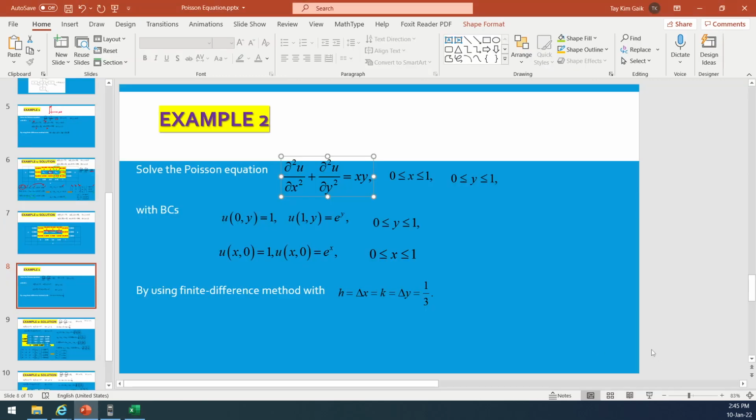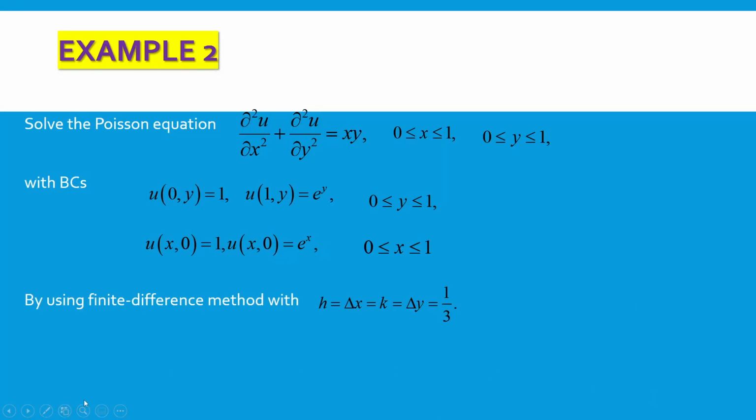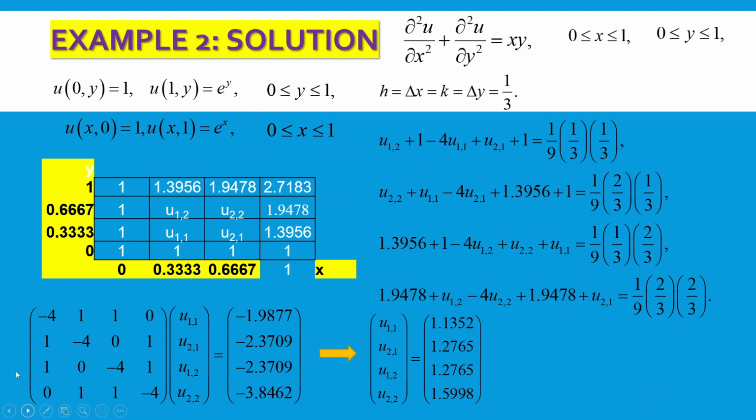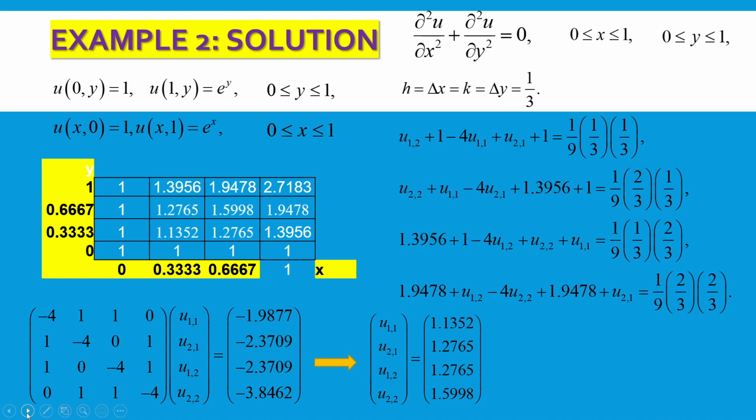That's how you get u11, u21, u12, u22. Then you may apply the 5-point molecule one by one, before we see how to quickly solve it using Microsoft Excel.